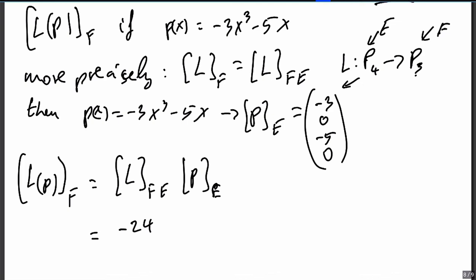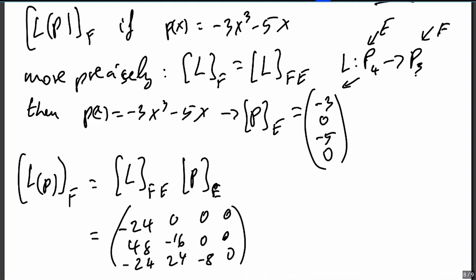Minus 24 48 minus 24 0, minus 16 24 0 0, minus 8 0 0 0, multiplying the minus 3 0 minus 5 0 vector.